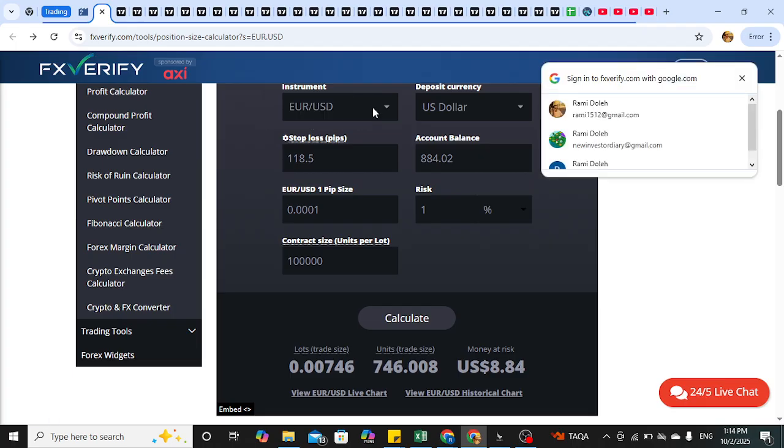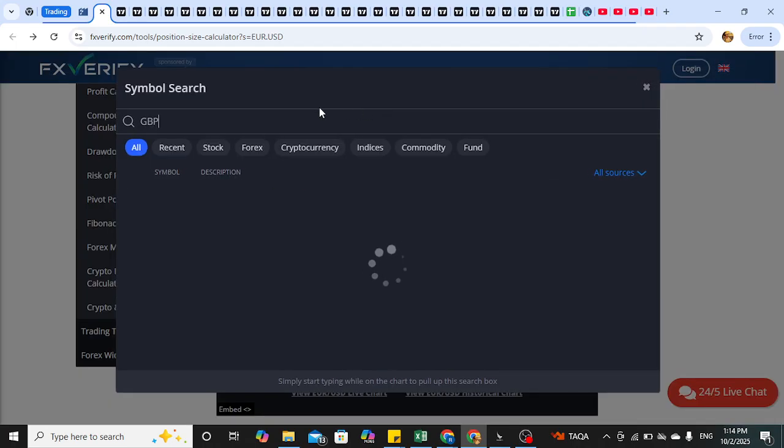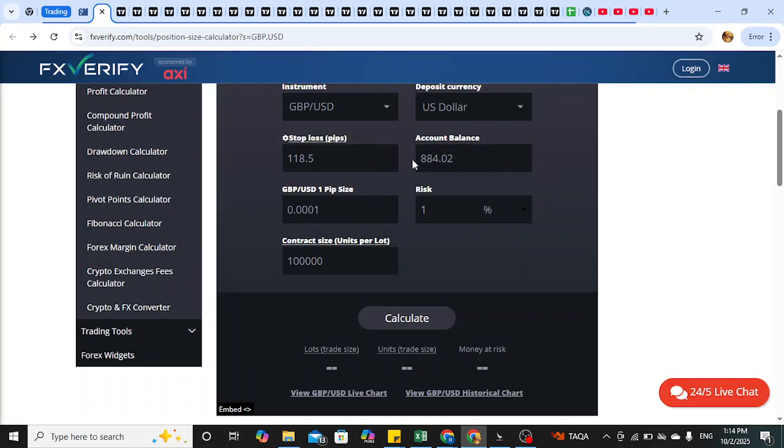Okay, so GBP USD, 1000, 34.2, and 0.5%. Calculate.